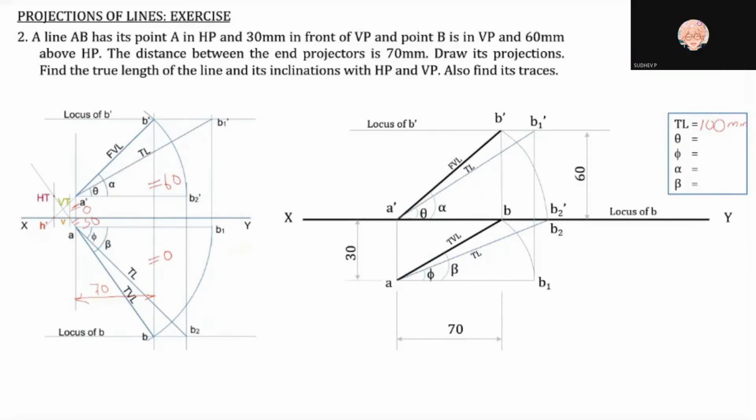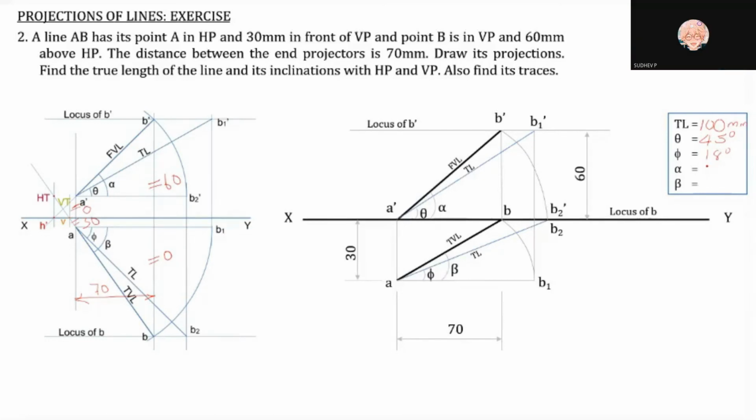45 degree. Theta is 45 degree. Okay, phi is 18 degree. And alpha and beta?